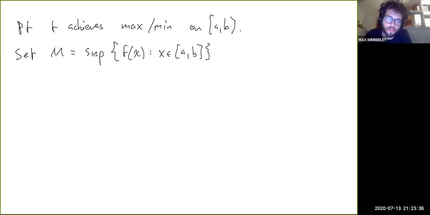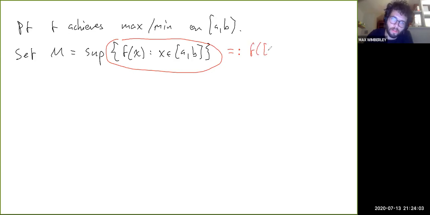Also, I just want to say that this set here, I might start writing in the future as f of A, B, with the supremum outside.